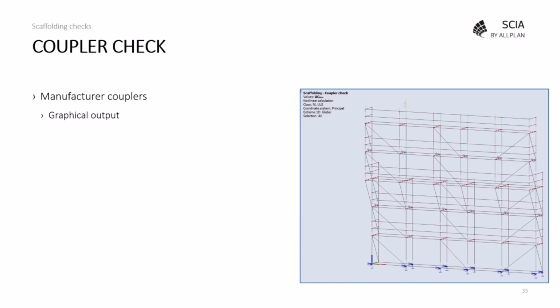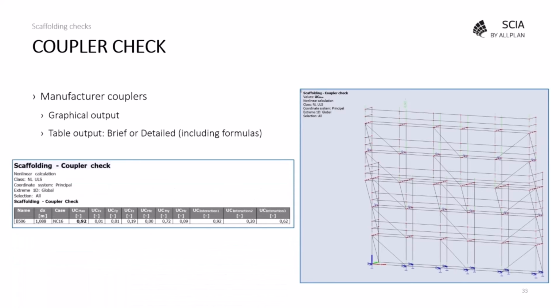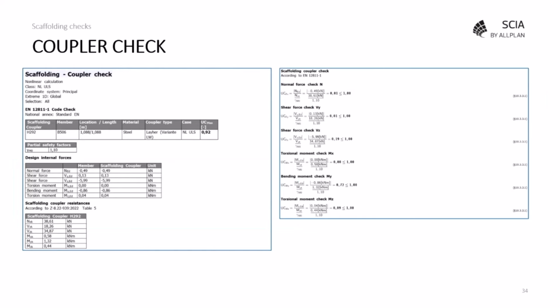And the output is similar, but now on connection level, you could say. So we have only values at the nodes where you have the hinge at the end of the beam. And we also have a detailed or a brief output. This is the brief output, only a table with the values available, the unity checks, or the detailed output, which automatically shows the formulas as well.